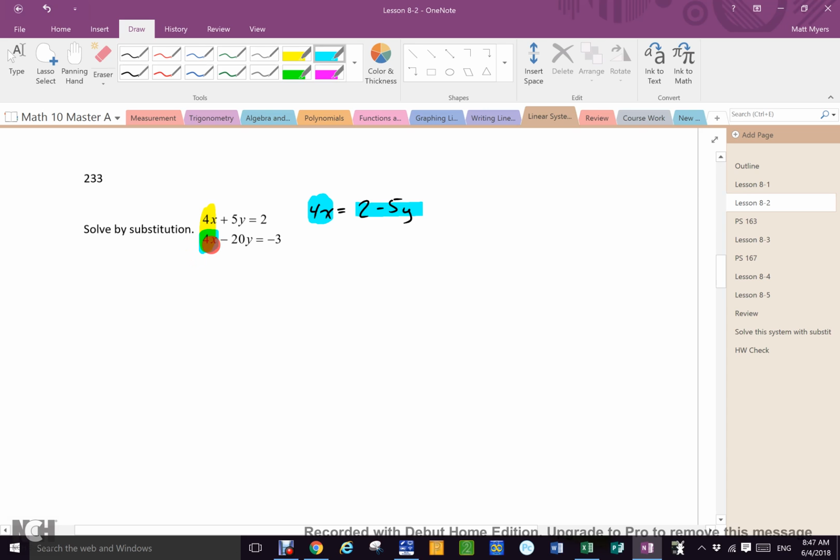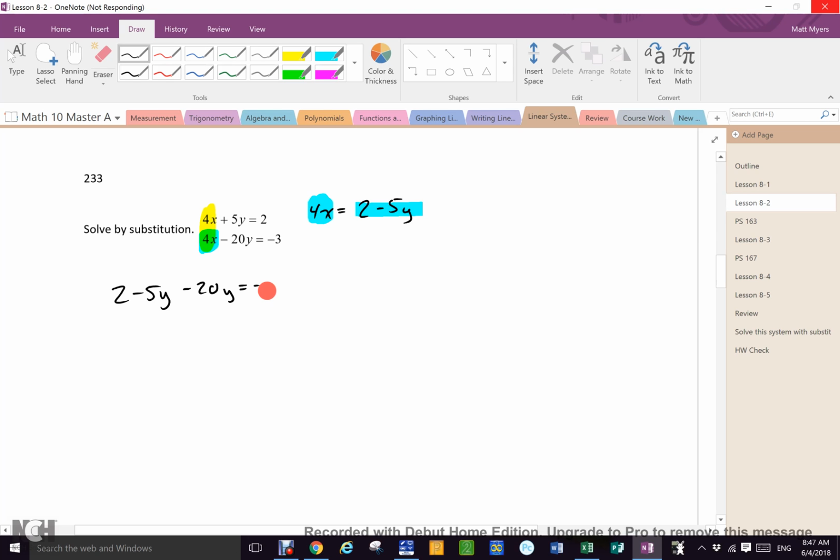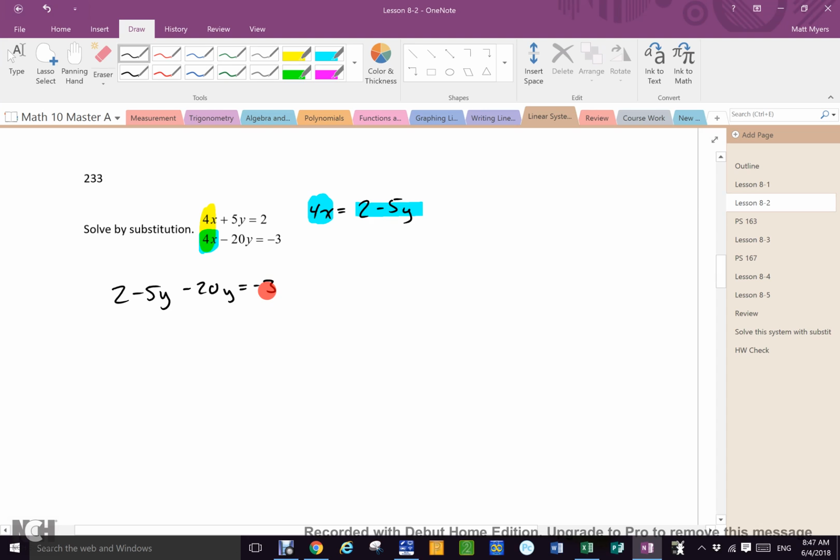So what can I write there instead of 4x? 2 minus 5y minus 20y equals negative 3. Does everybody see what I did there? Did I have to isolate? No, because they were the same thing. Does everybody see that?